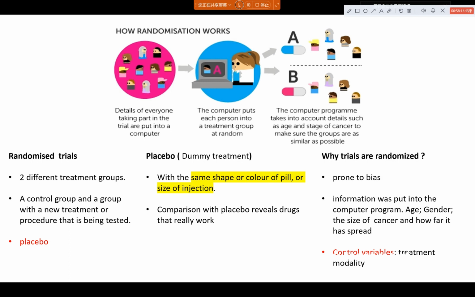Comparing a group of people taking a new treatment with a group taking a placebo can show if the new treatment is really working. A drug that actually works will work better than a dummy drug.